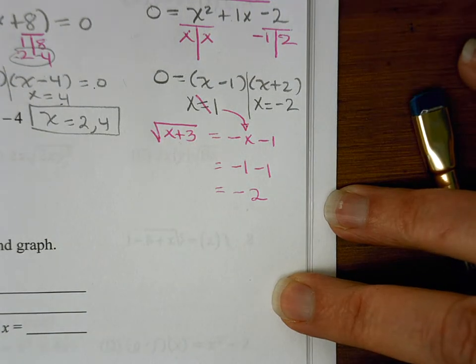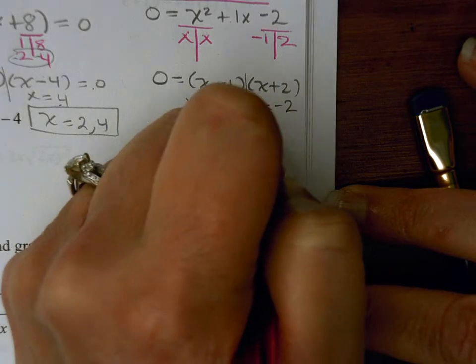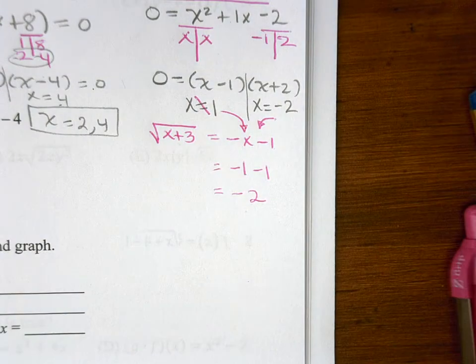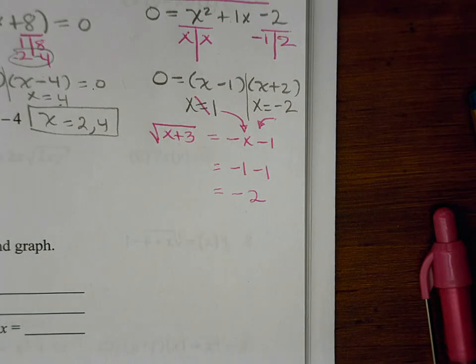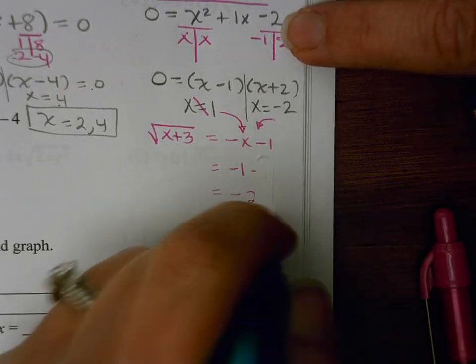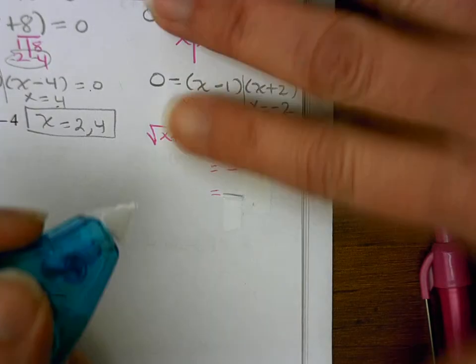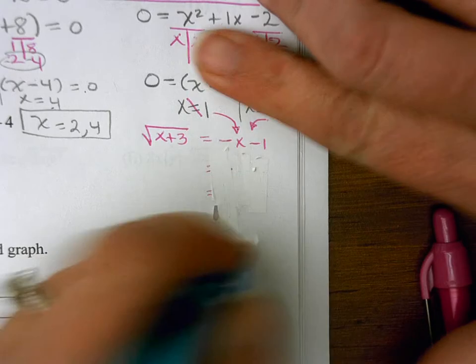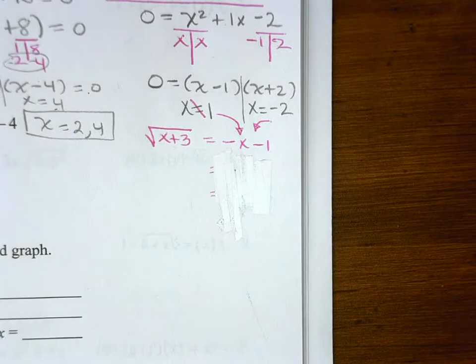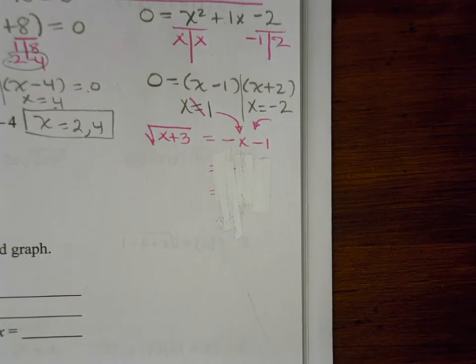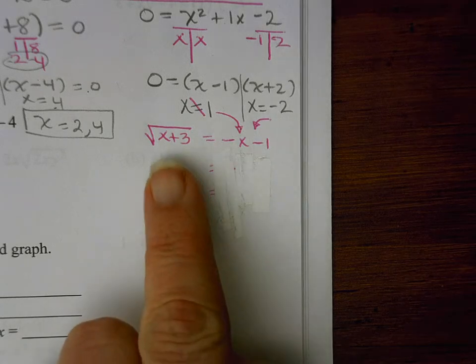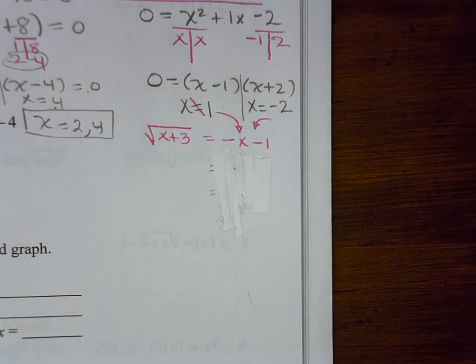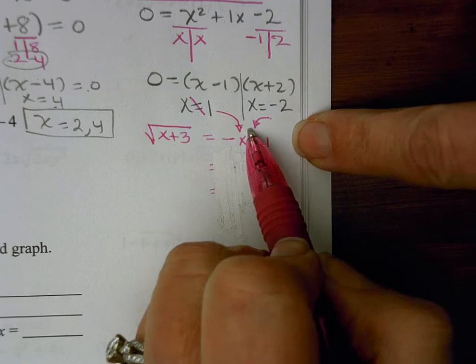So now, what if I do the same thing again, but now I'm going to do it for negative 2. So let me wipe this out. So I have the original problem, right? So the square root of x plus 3 equals negative x minus 1. But now I'm going to let x be negative 2.